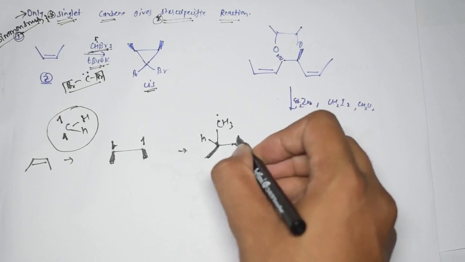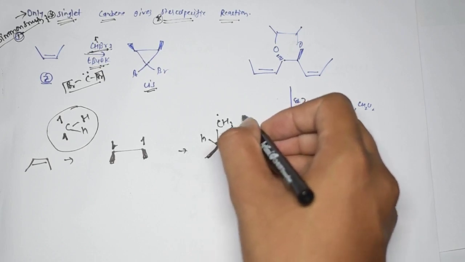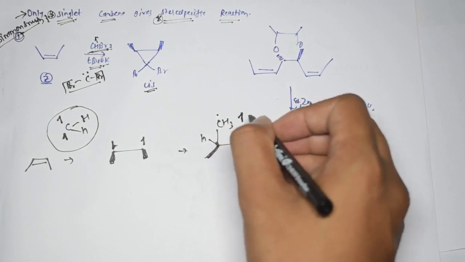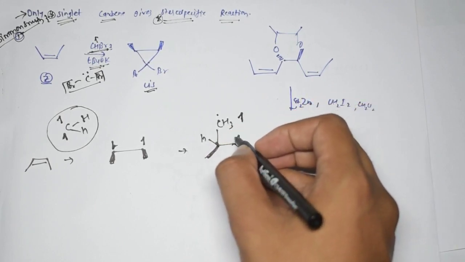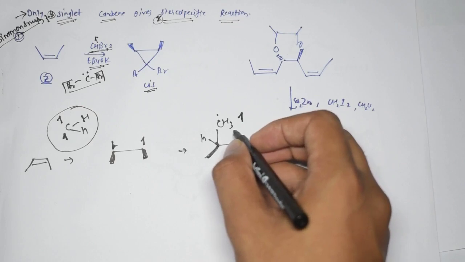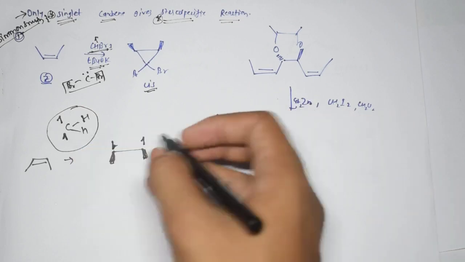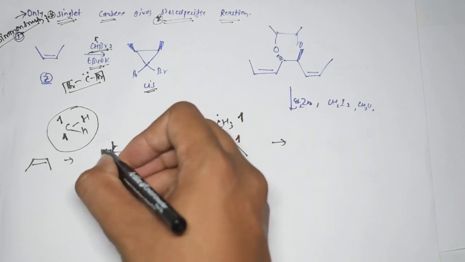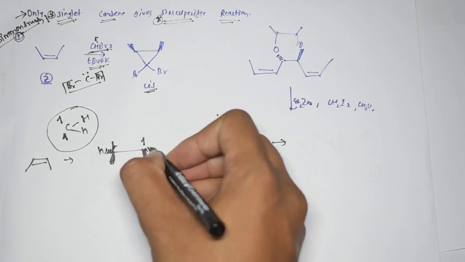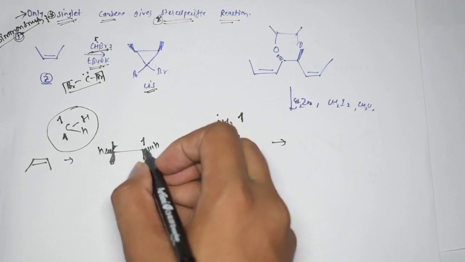In the next step, what can happen over here? Here we have one electron, but we know that if both spins are the same, then that is not going to form over here, right? If both the spins are the same, what can happen over here, I can write it like this. So suppose here CH3 is above the plane and hydrogens are below the plane like this, right?